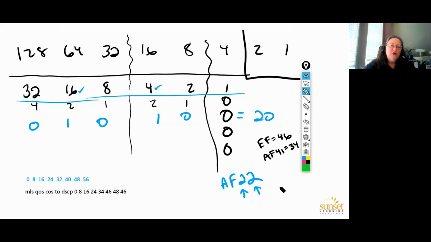A few more terms that I would like you to be aware of with regards to DSCP values and with regards to QoS in general. One of which is the term PHB, per hop behavior. Per hop behavior harkens back to the idea that each router, independent of anything else in the network, makes its own decisions.